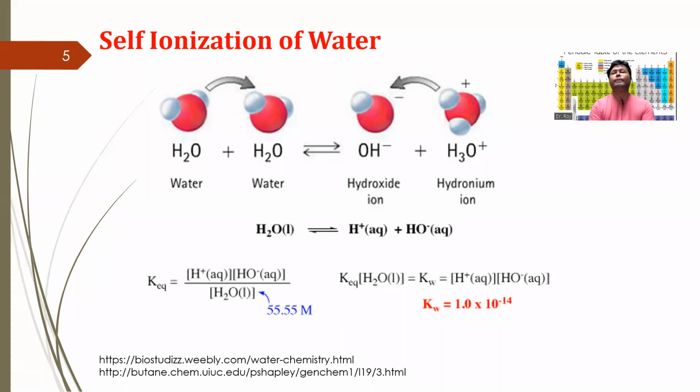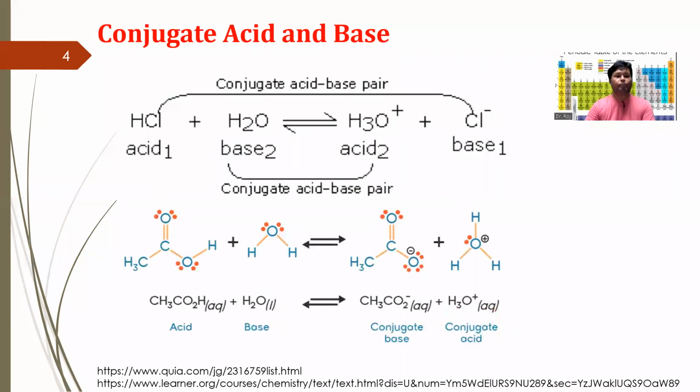If we have two different chemicals, then we can compare which can donate one proton faster. In the previous example, HCl can donate one proton faster than water. Therefore, HCl can be considered an acid and water a base.